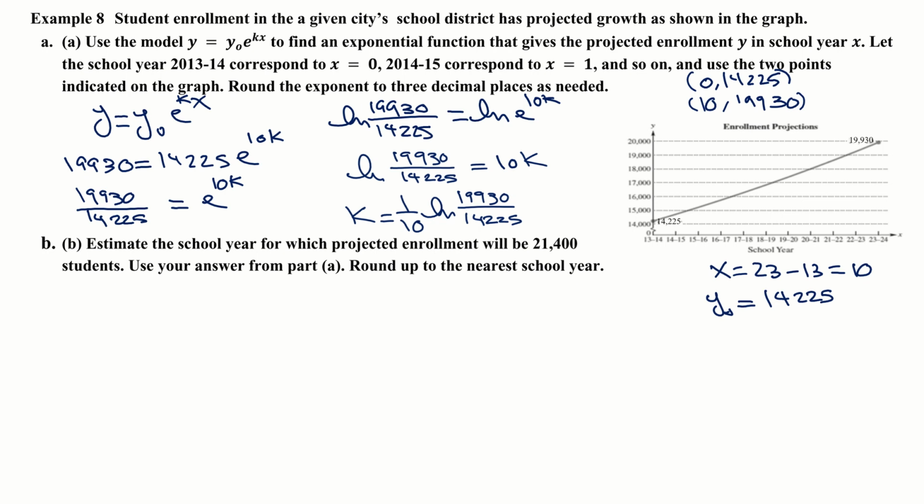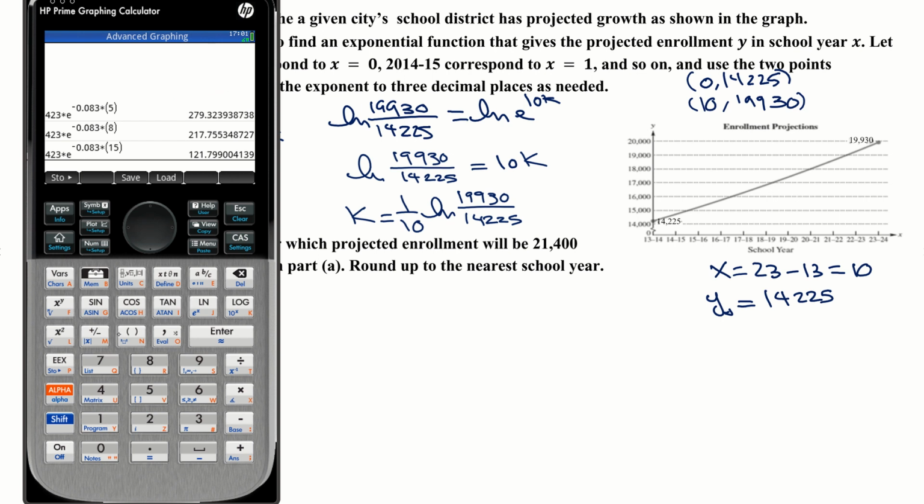Okay, so it says round the exponent to 3 decimal places if needed, right? So let's go ahead and compute that, and we'll round to 3 decimal places. So we have 1/10, and we're going to multiply that by ln of 19,930 divided by 14,225.